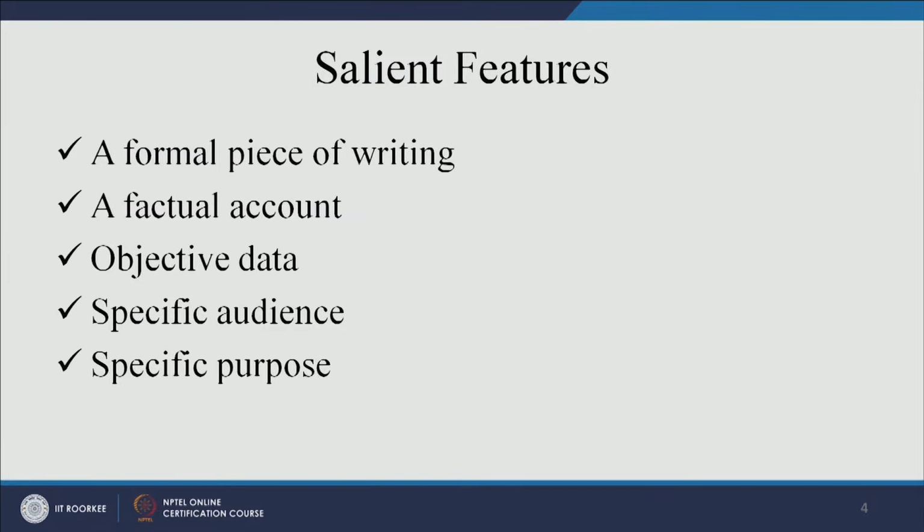Here, a point of caution is very important: whenever you communicate, not only formally but even informally, for example two friends talking to each other, that may be informal, but an employee discussing certain things with his boss will come under the formal category. And if that is written specifically for a purpose, it becomes a formal piece of writing.